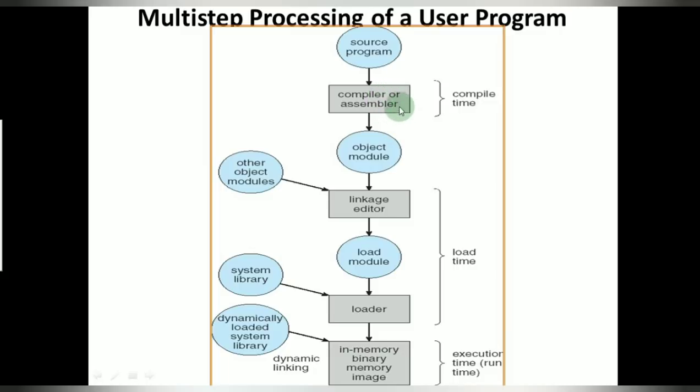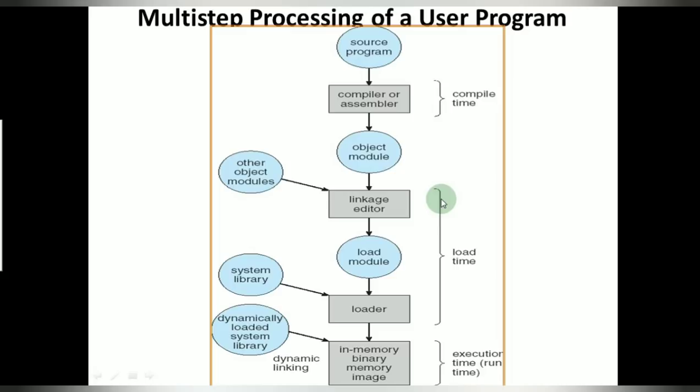In the case of load time, if the location at which the program is loaded is not known at compile time, then the compiler must generate relocatable code which references addresses relative to the start of the program. If that starting address changes, then the program must be reloaded, not recompiled.